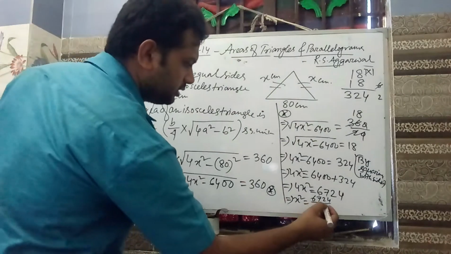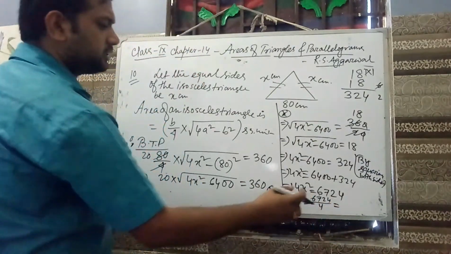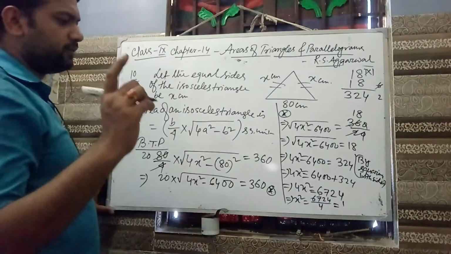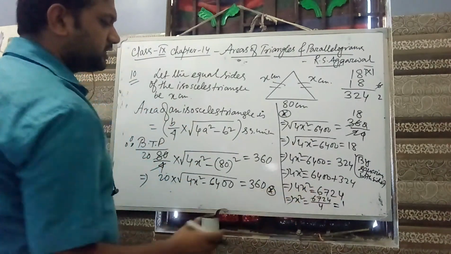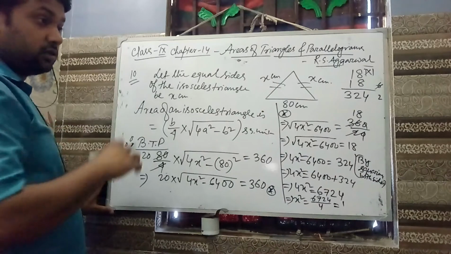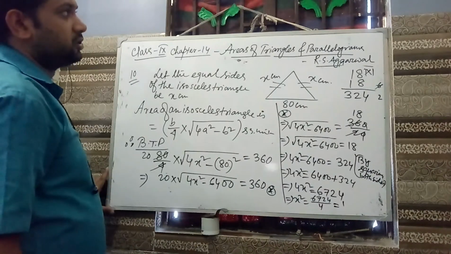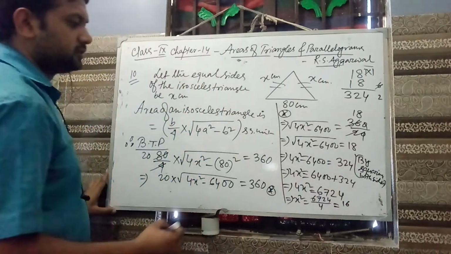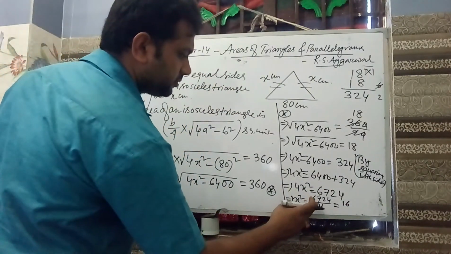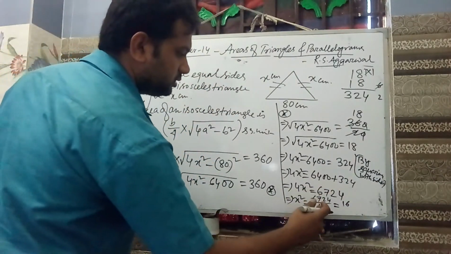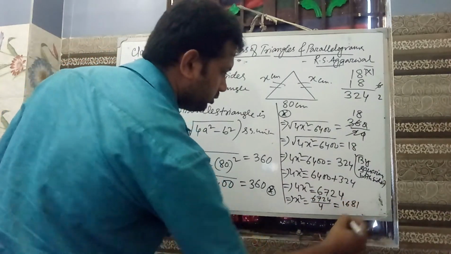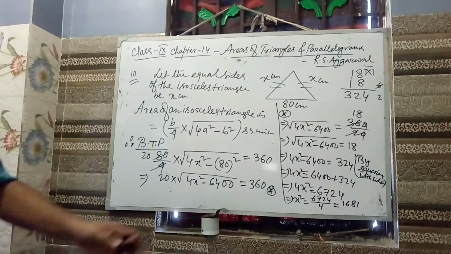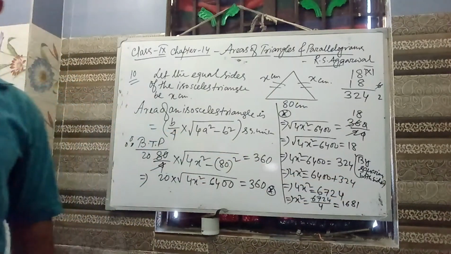Divide: 4, 6, so 1, then 2 remaining, 27. So x square is 1681.